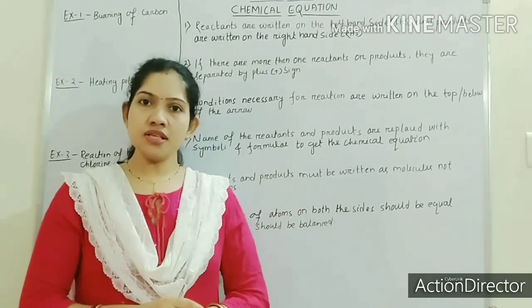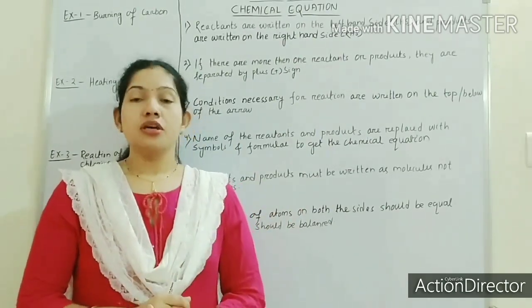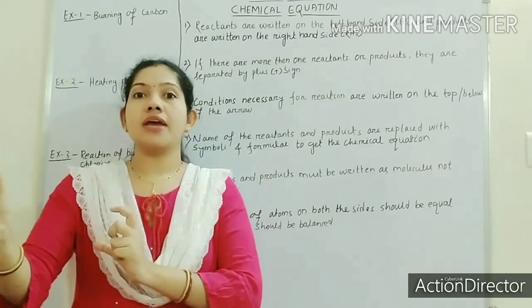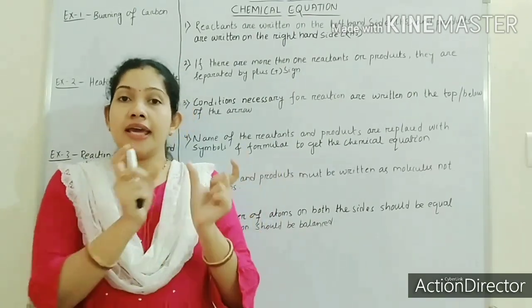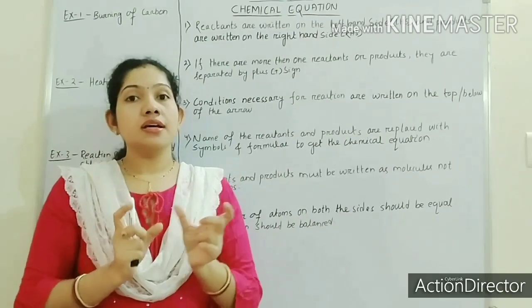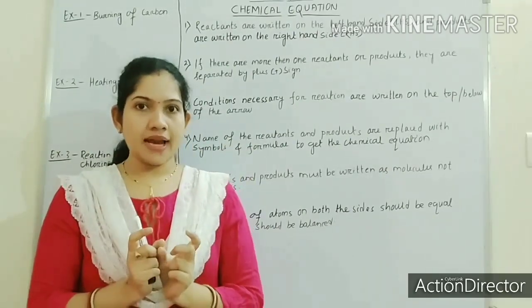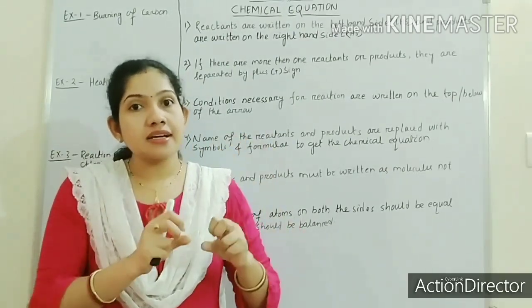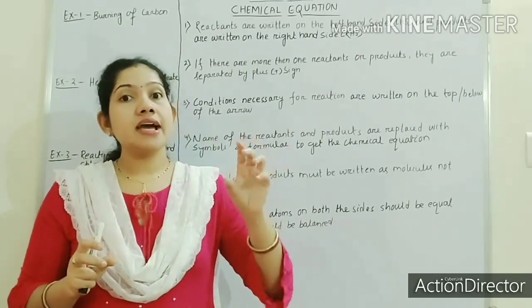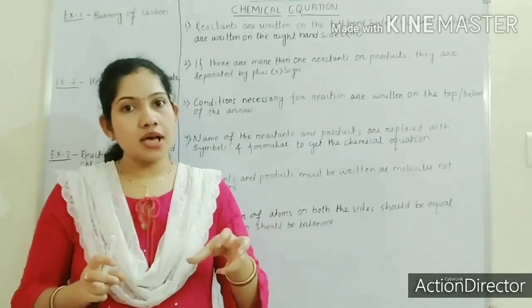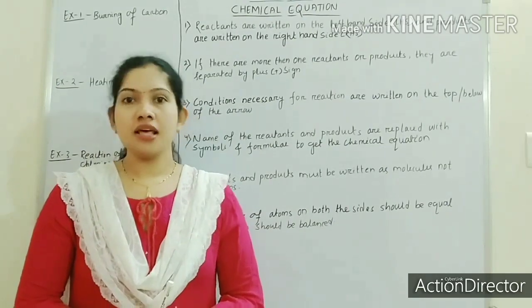This process is known as what? Chemical reaction. So when this chemical reaction is written in such a format that we represent the reactants and products in their symbols and formulas, that is known as a chemical equation.